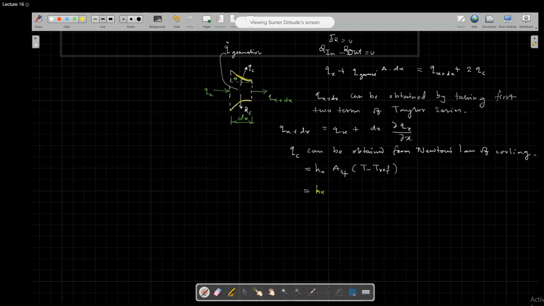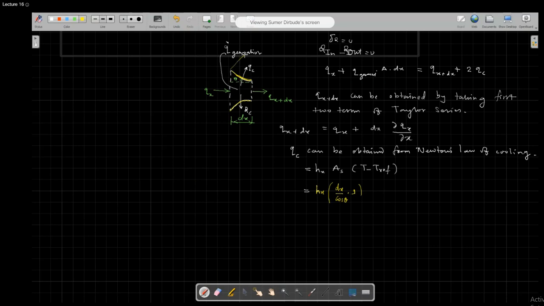And the surface area is the surface area of the convective heat transfer. So this surface area you can write as dx divided by cos of theta into 1. dx by cos theta will give you this yellow surface, and 1 is the unit depth in the other direction.